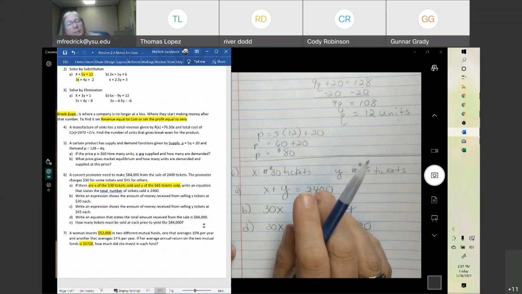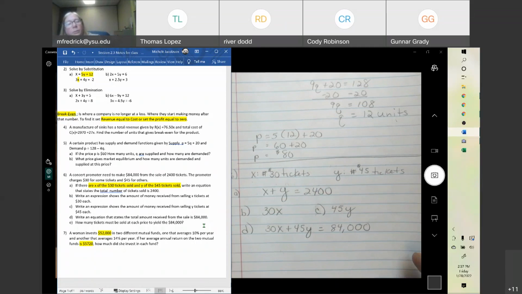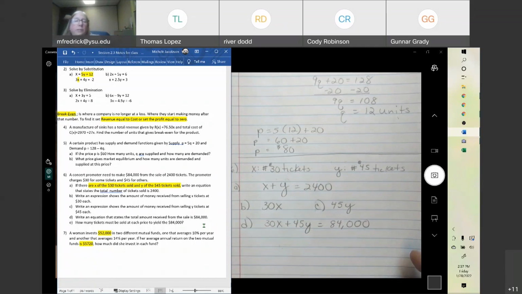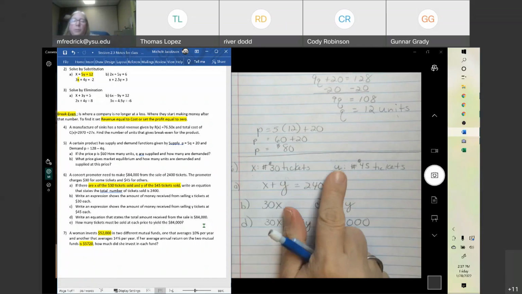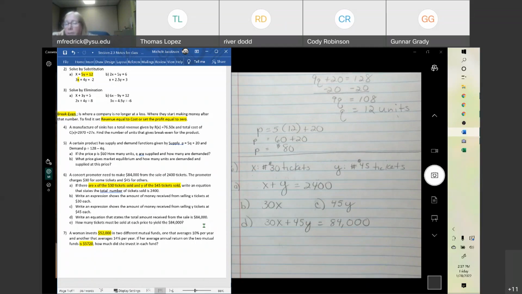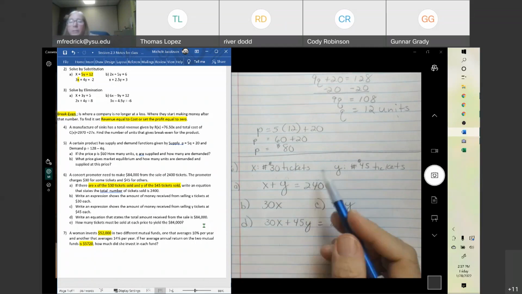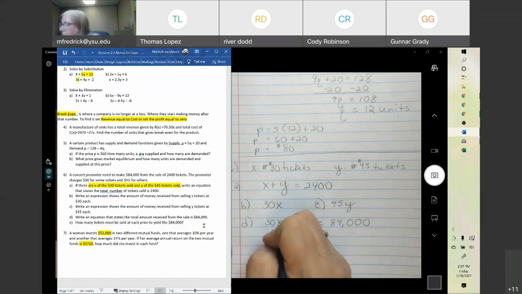For part E, it says how many tickets must be sold at each price to yield the 84,000. We want to know how many tickets at each one. Looking for X and Y. Well, we have two equations.